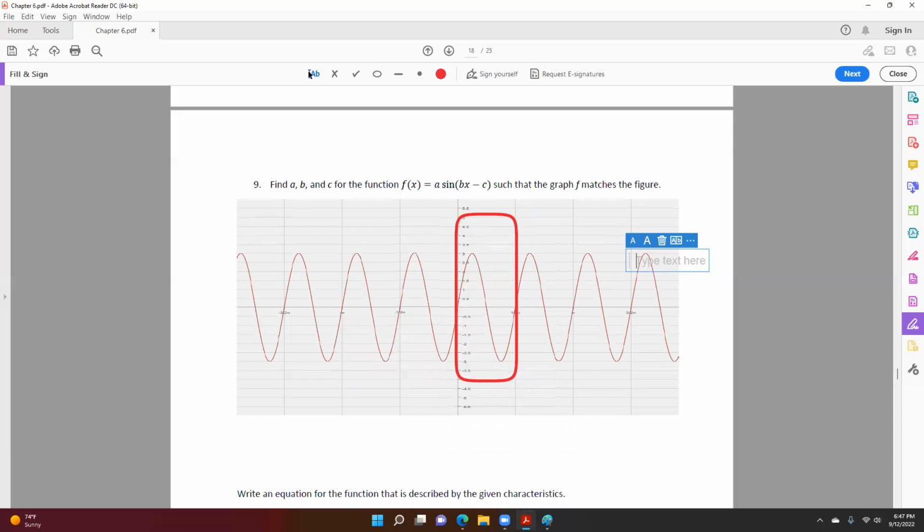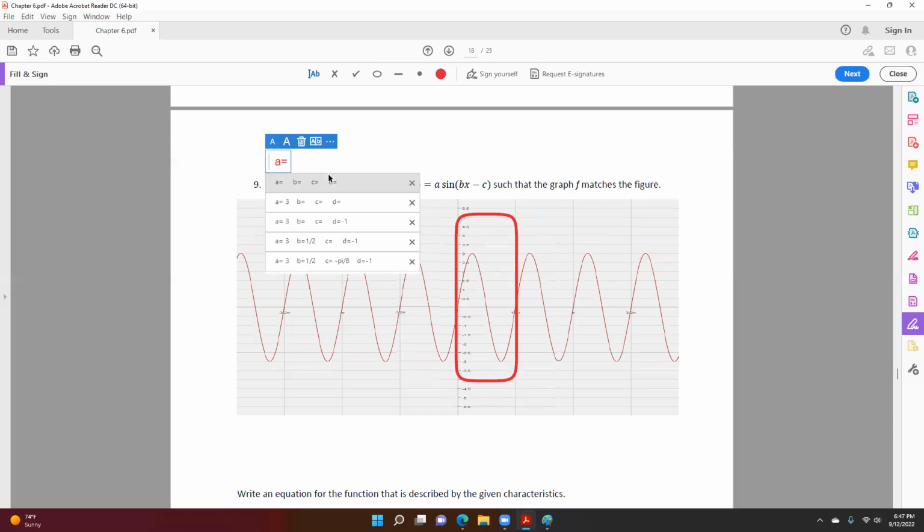So first things first, we have to find what A is. A in this case is kind of like an amplitude, so how tall it is. We have a formula to find A: the maximum minus the minimum divided by 2.